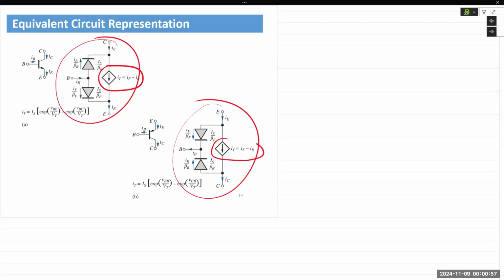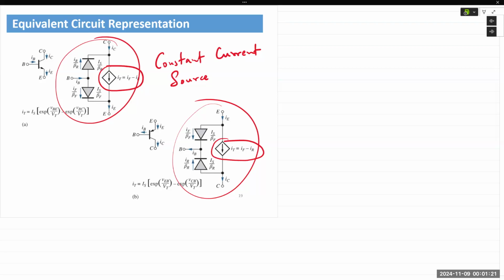The current source, of course, supplies constant current. That would be the forward current. And so, constant current source, and it's a dependent source. The dependency is on VBE.